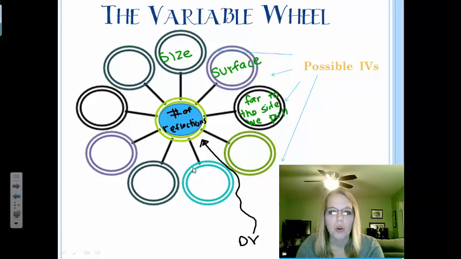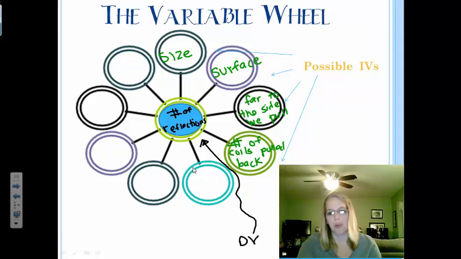Or we could change the number of coils held back. Remember that one? Where you had to pull them back towards you and you released your hand and they bounced back and forth? We could change that.